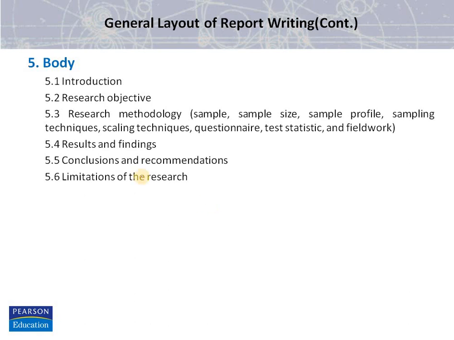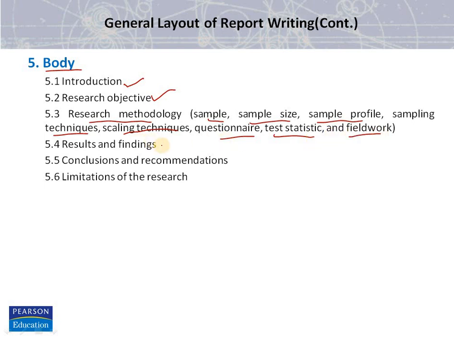Then there is the fifth part, that is the body of the report, which includes an introduction about the research objectives, and the research methodology, which includes sample size, method of sample collection, sample profile, sampling techniques, scaling techniques, questionnaires, test statistics if used, and fieldwork.